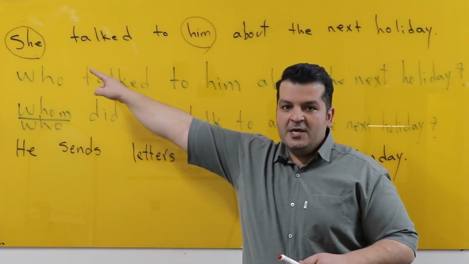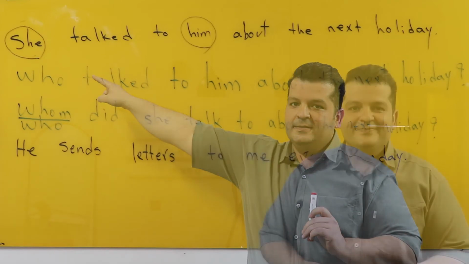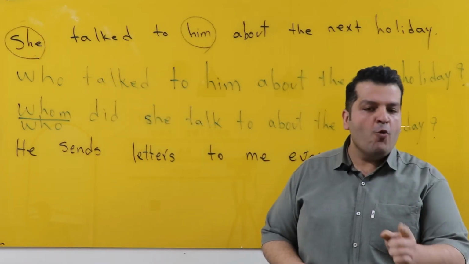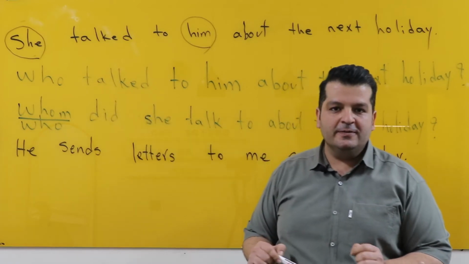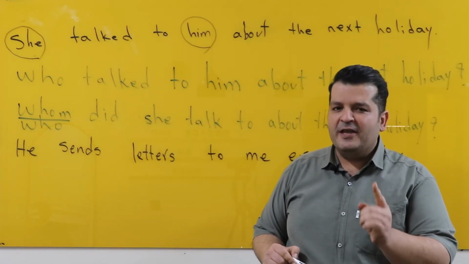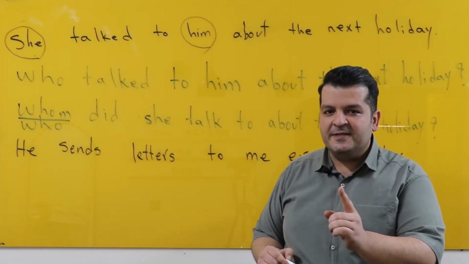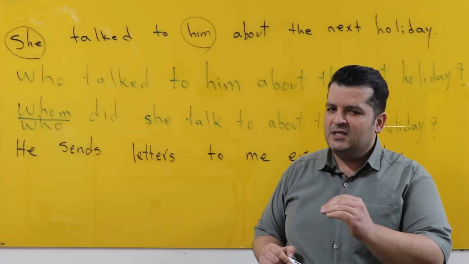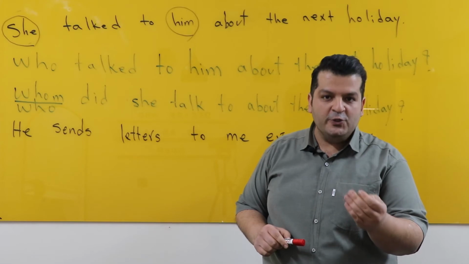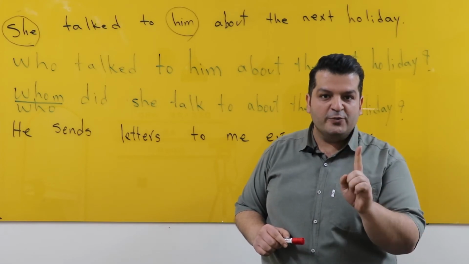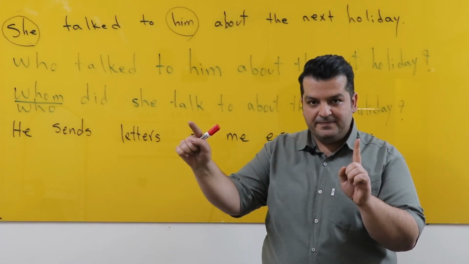So she is absent. Maybe your question is, why don't we have did in the first question? Because when your subject is absent in the question, there is no auxiliary verb. An auxiliary verb is used when we have the subject in the question.